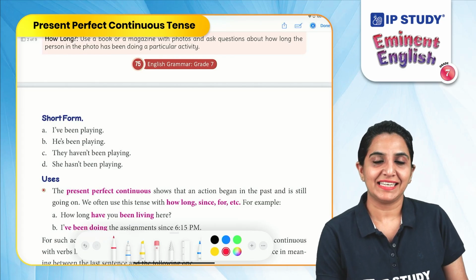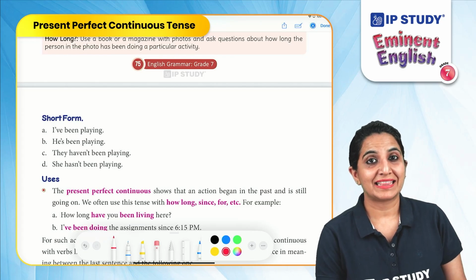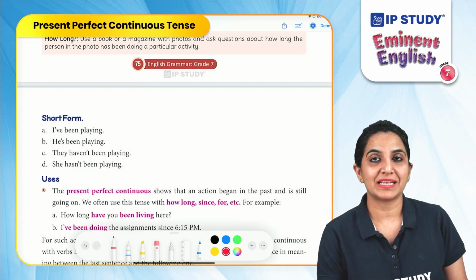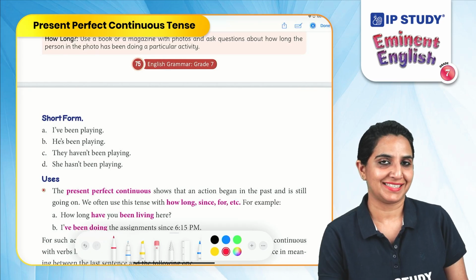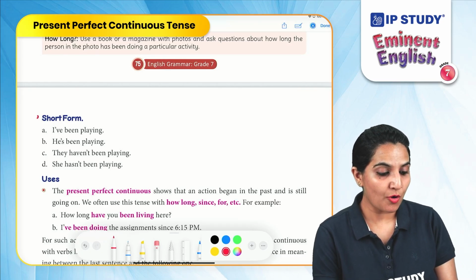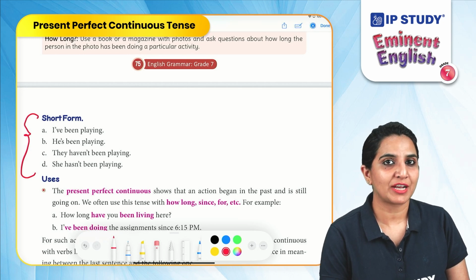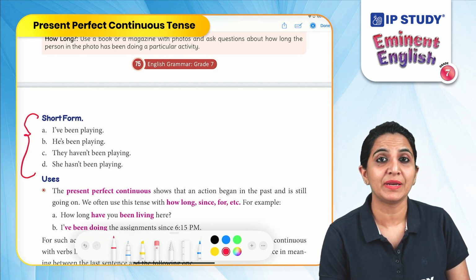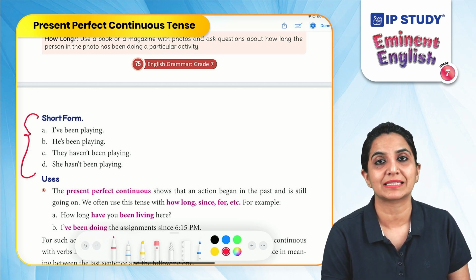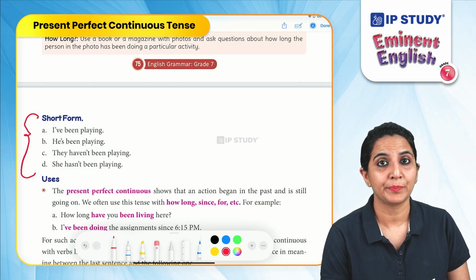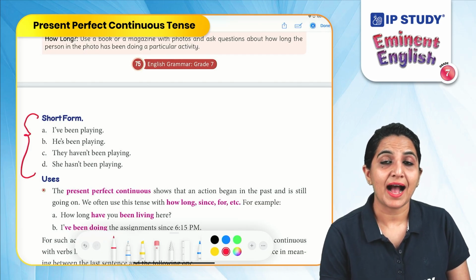Now let's study some of the short forms that we use in the present perfect continuous tense. You have already studied some of the contractions or short forms in the previous lessons and in your previous classes as well. For example, I am becomes I'm. Similarly, I have.